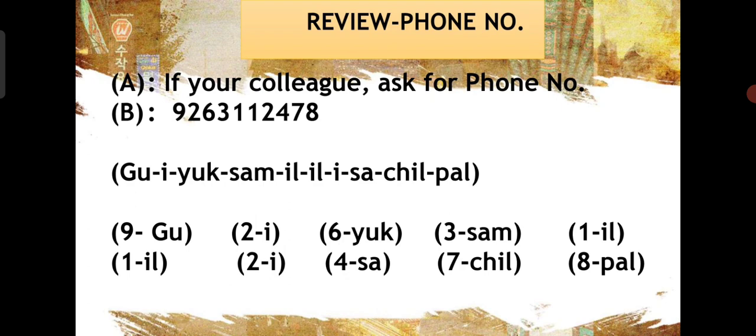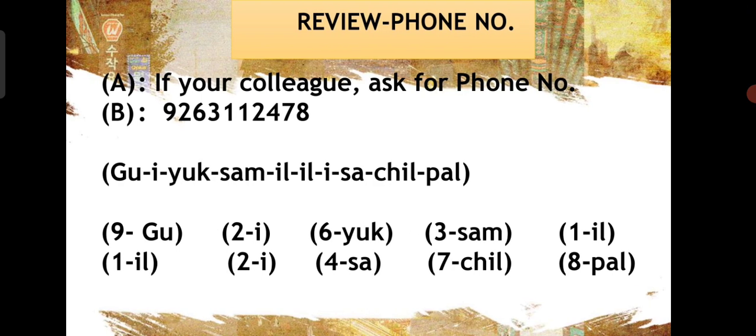Next, phone number. For example, if A, or your colleague, asks for your phone number and your phone number is 9263112478, how do you reply in Korean? You have to reply: gu i yuk sam il i sa chil pal.